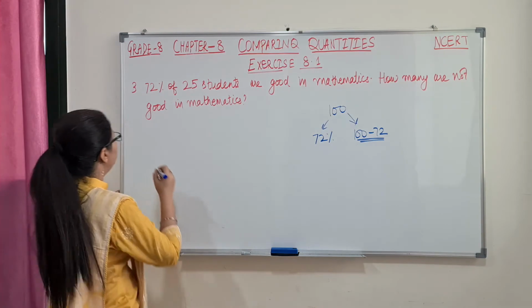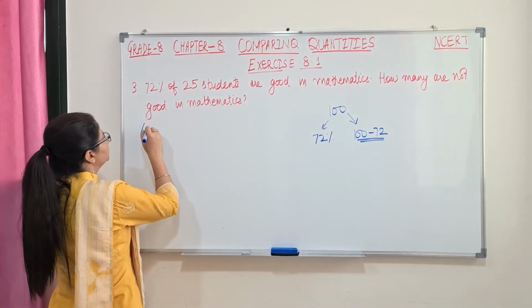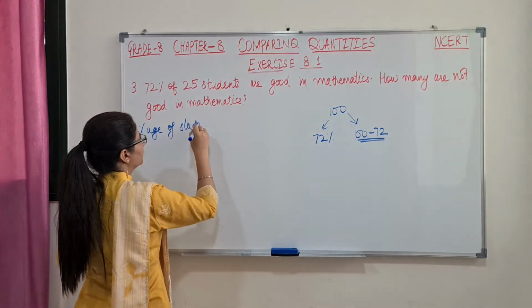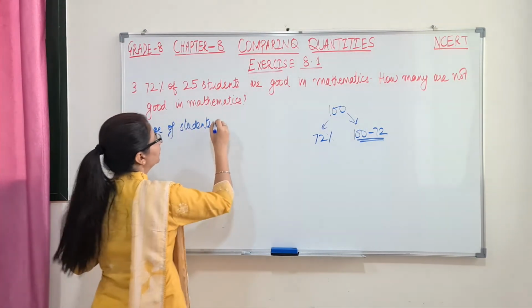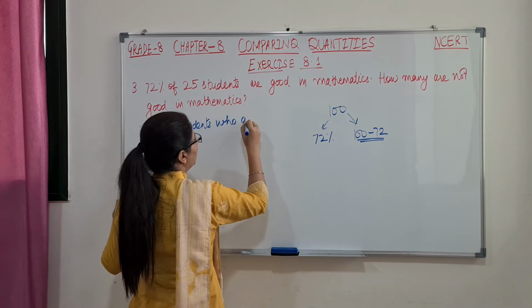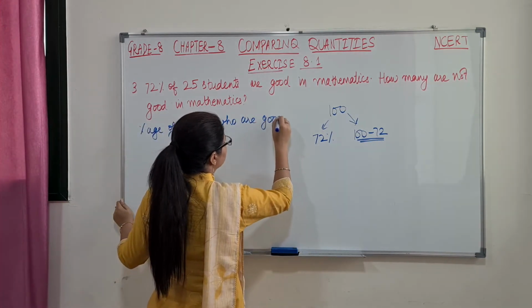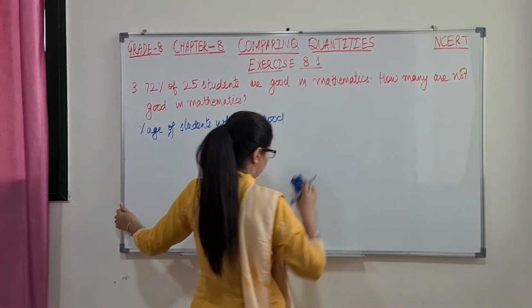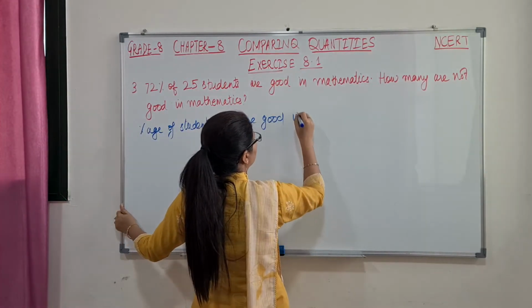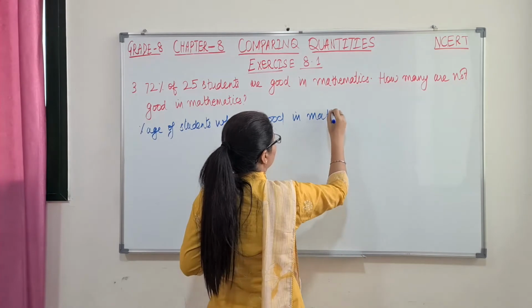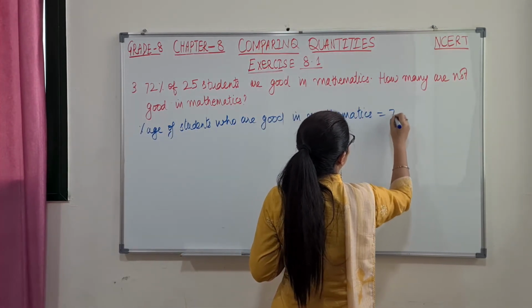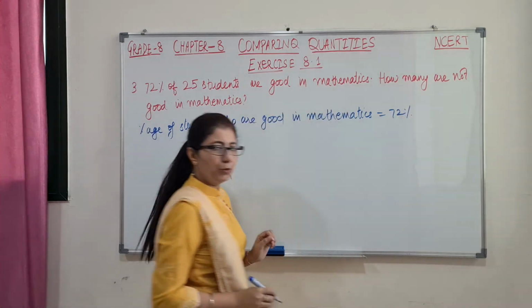So let's see how to write it. Percentage of students who are good in mathematics is equal to 72%.